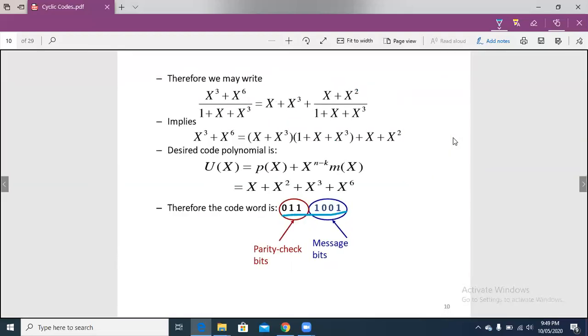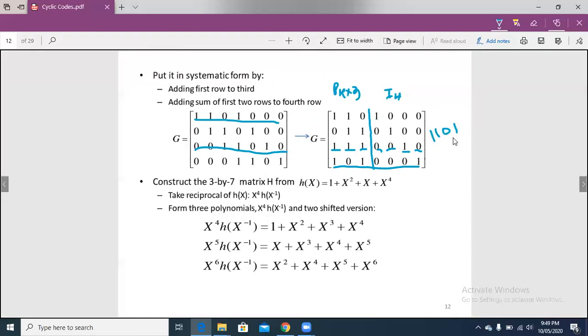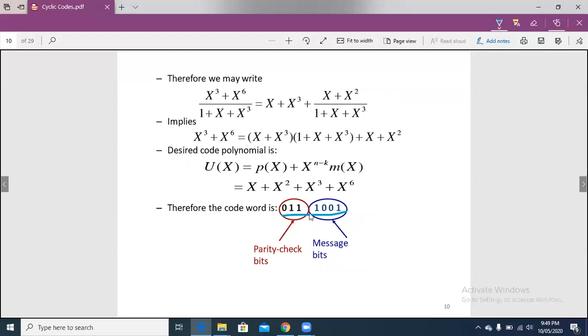So previously, you have the code word 1001, 1001. That is when multiplied by this generator matrix will give you that code word.